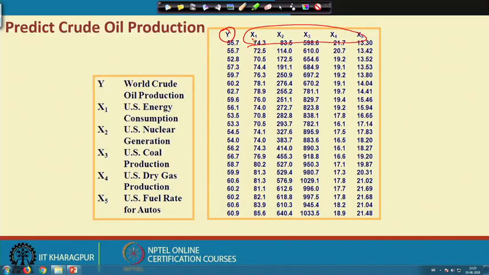Technically there are a couple of pairs you will find, starting with x1, x2, x1, x3, x1, x4, x1, x5, and similarly x2, x3, x2, x4, x2, x5, then x3, x4 and x3, x5, and finally x4, x5.